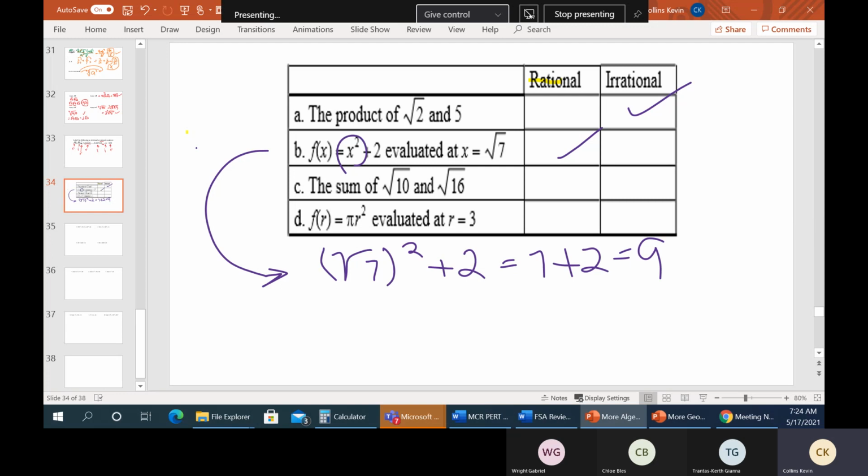So how about the next one? The sum of the square root of 10 and the square root of 16. So are we going rational or irrational on that one?